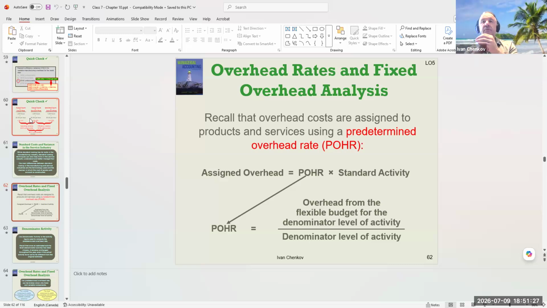But in order to do that, first we have to come up with the estimation for the predetermined overhead rate. And for the predetermined overhead rate, what we decided to do was to estimate our total cost for the upcoming period, which in this case will easily be our budget number.